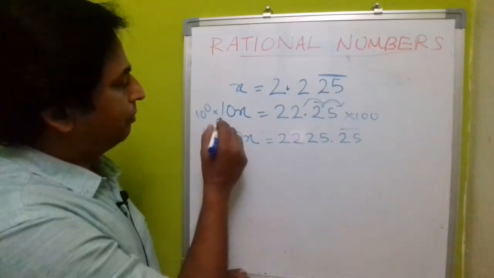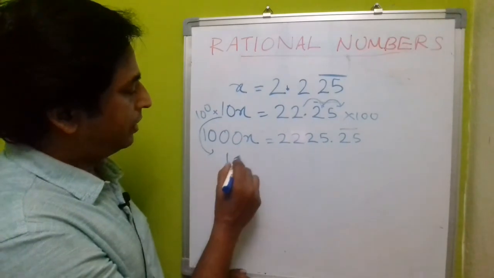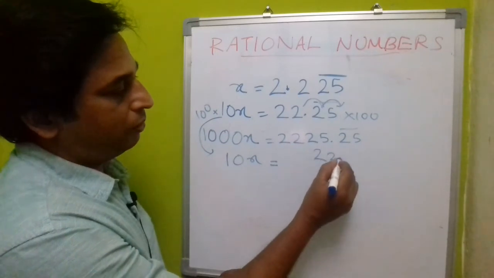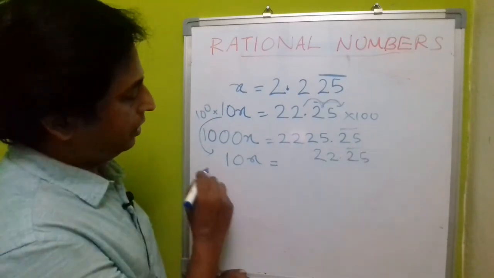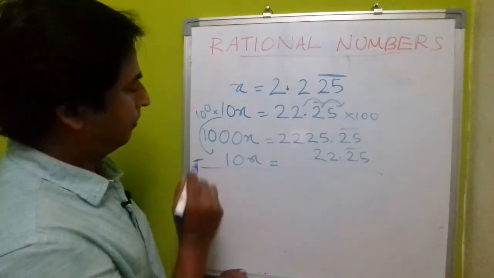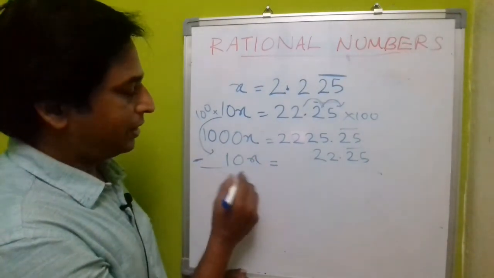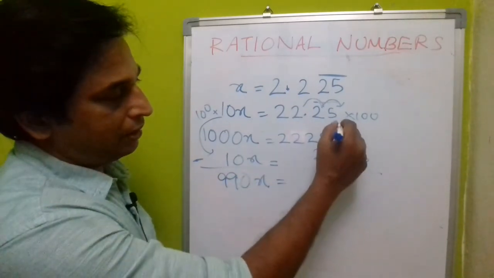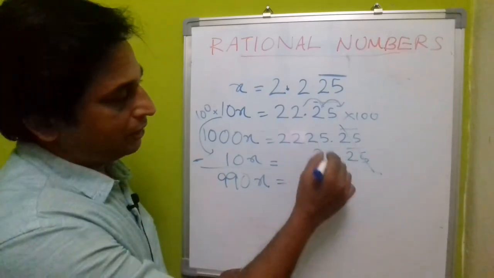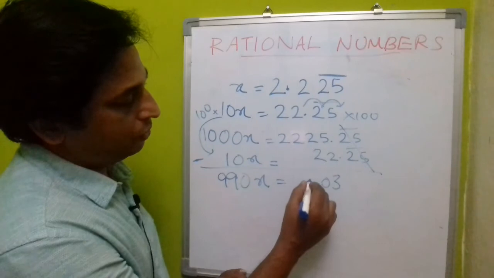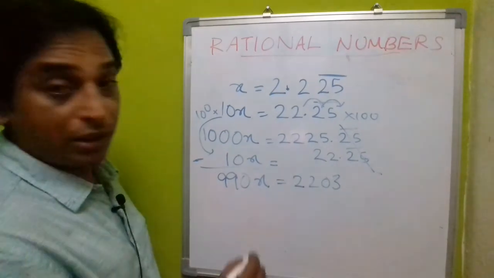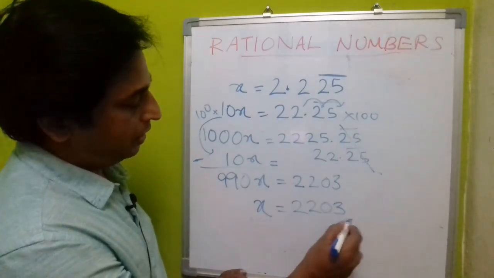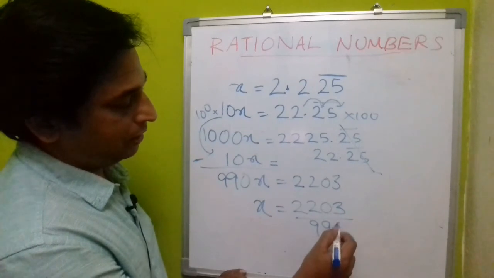Now we can bring this here, that is 10x is equal to 22.25 being repeated, aligning the decimals. Now subtract it. So 1000x minus 10x is 990x is equal to, here this portion is eliminated, the rest is 2203. Now x is equal to 2203 divided by 990.